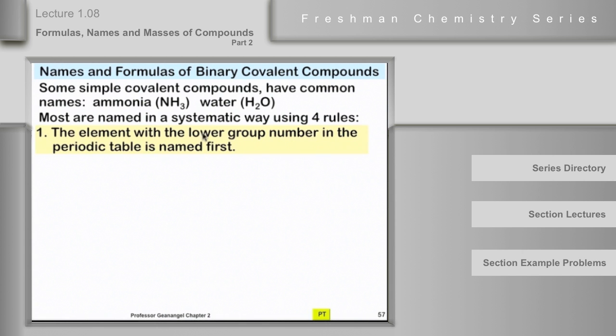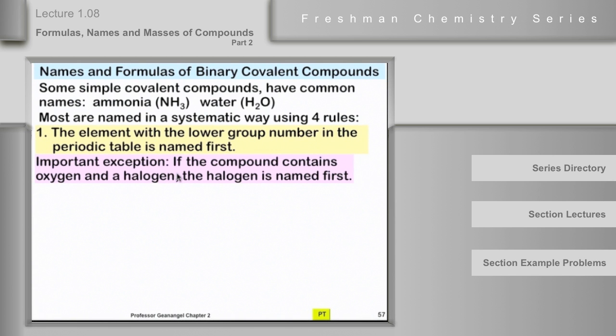The first thing we have to be concerned about in a binary covalent compound is what element to name first. The general rule is the element with the lower group number in the periodic table is named first. Okay? Now, the lower group number, of course, means furthest to the left in the periodic table.